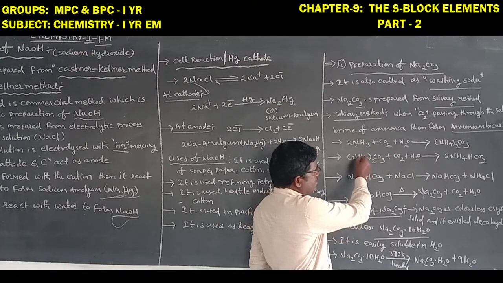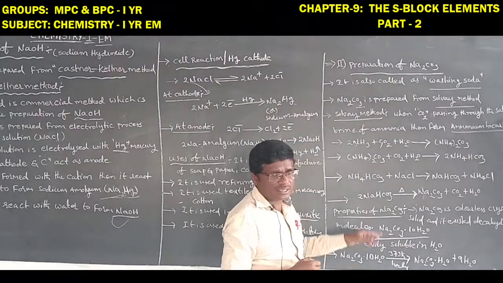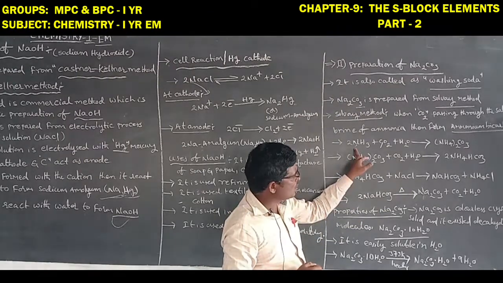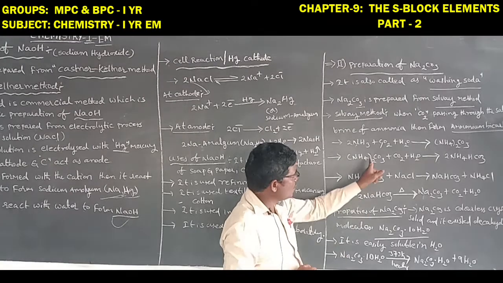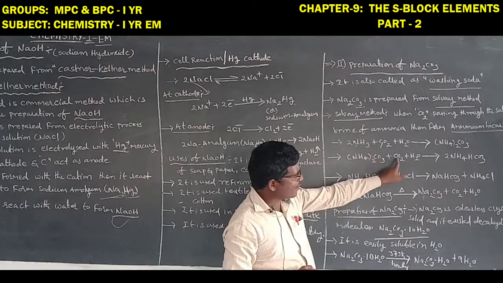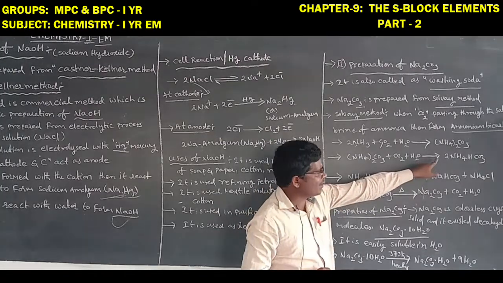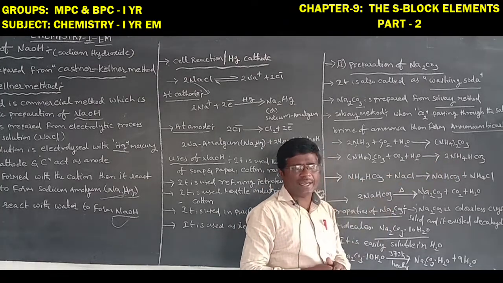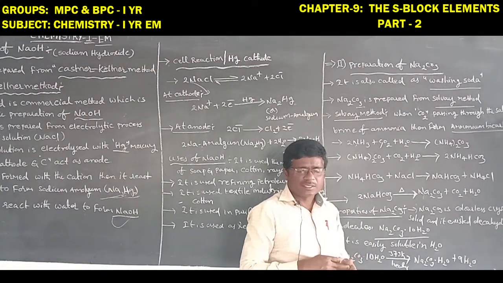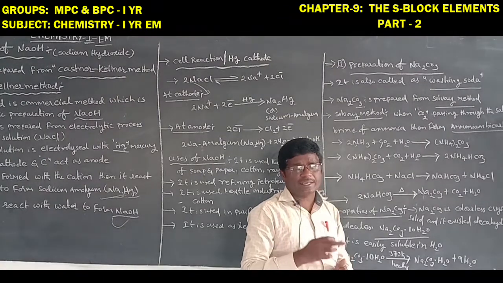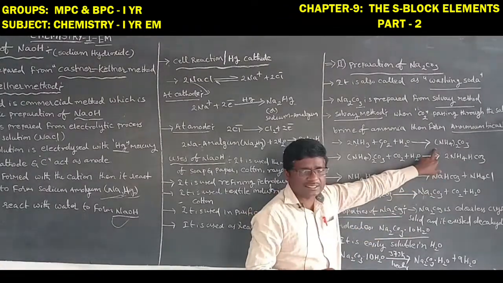When CO2 is passed through the saturated brine of ammonia solution, ammonium carbonate is formed. Next, the ammonium carbonate reacts with carbon dioxide in the presence of water to form ammonium bicarbonate, NH4HCO3. Already in the first step, CO2 passing through the saturated brine of ammonia forms ammonium carbonate.